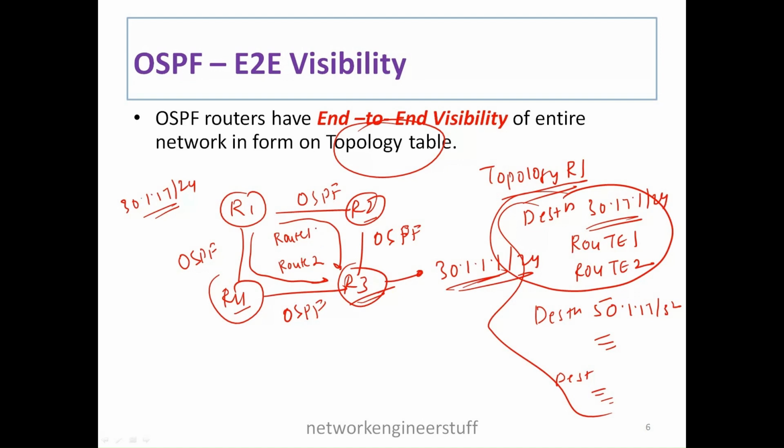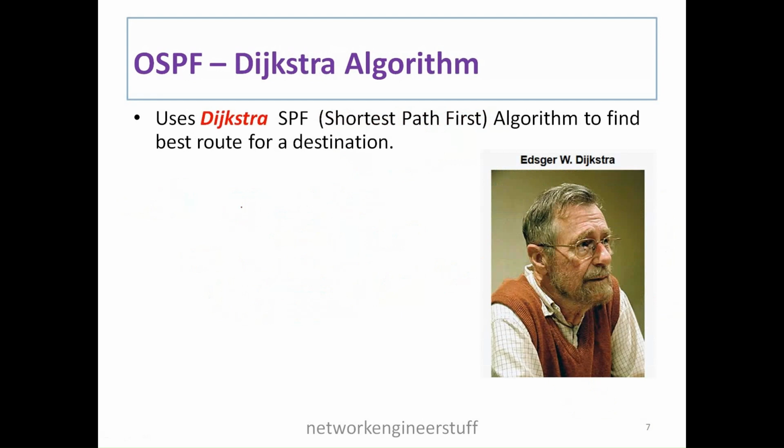So let's say for this destination 30.1.1.1/24, let's say this route 1 is the better route. So it will be putting this route in the routing table. The routing table of R1 will have, for the destination 30.1.1.1/24, route 1 as the best route, so it will be in the routing table. Of course, for some other network, some other route will be best.